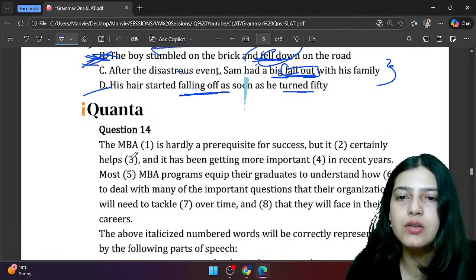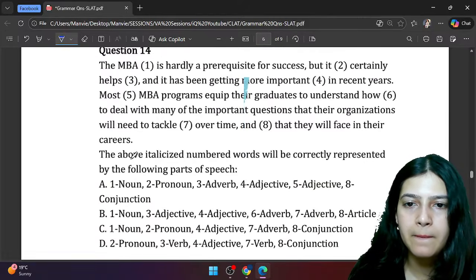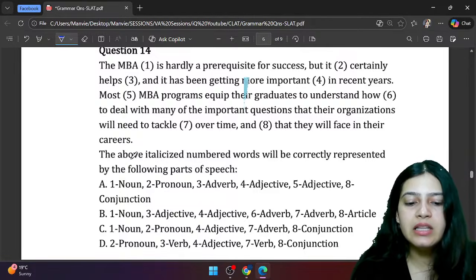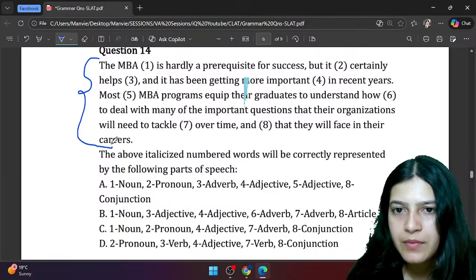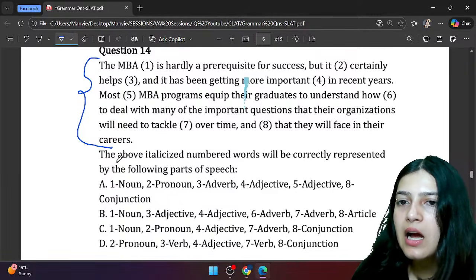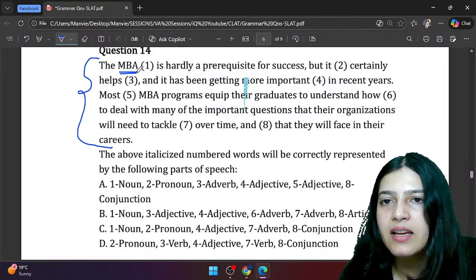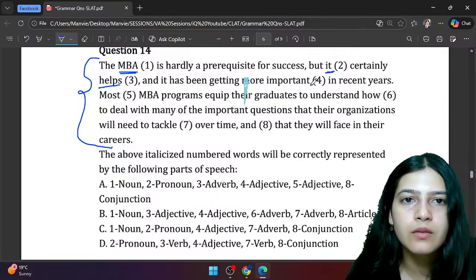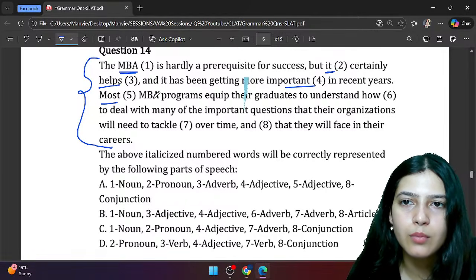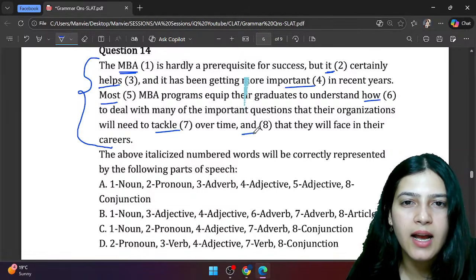Alright, next question is this one, and this one is a good question. So in this question, a sentence is given to you here, and they have asked that the above italicized words, actually they are not in italics, but I will mark them for you: for, most, how, tackle, and.